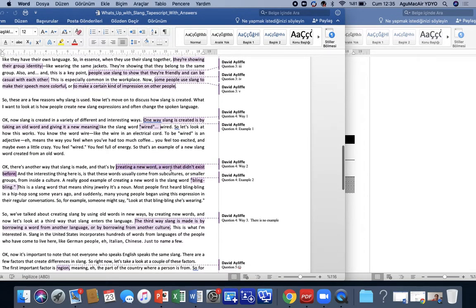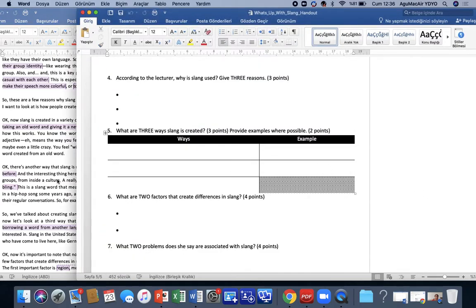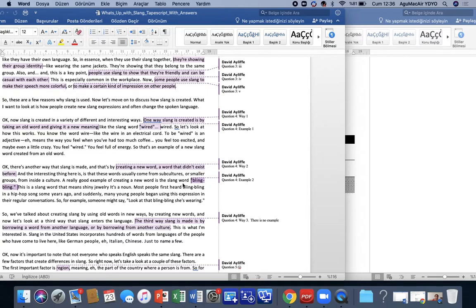And the other way, creating a new word that didn't exist before. Didn't exist before, right? And we have an example here, the word bling bling. This is a slang word, bling bling, and some explanation for that. This is a slang word that means shiny jewelry. It's a noun.